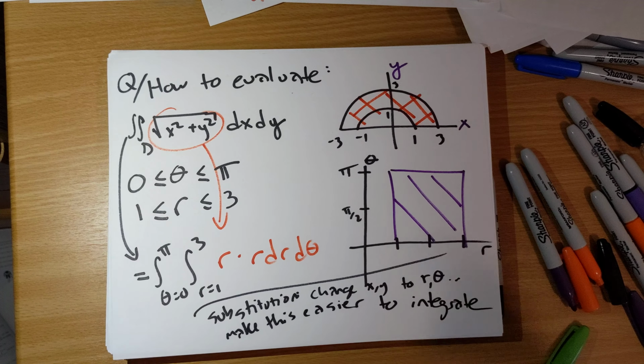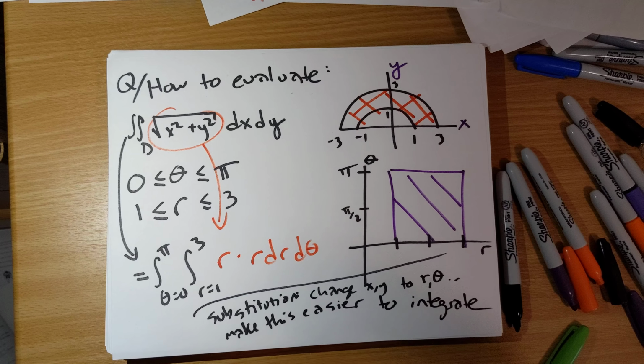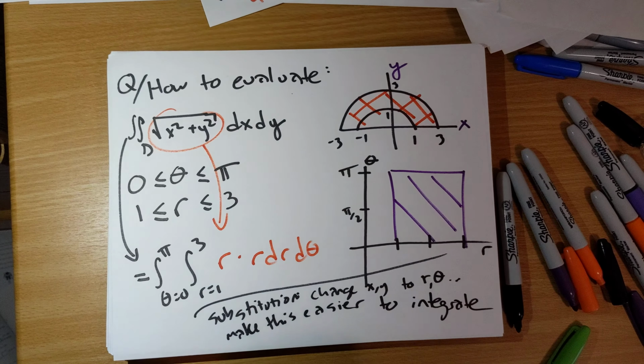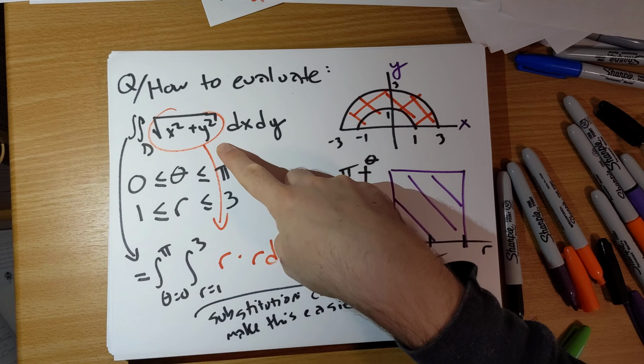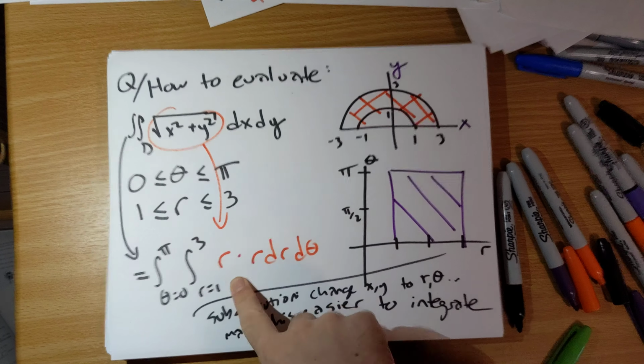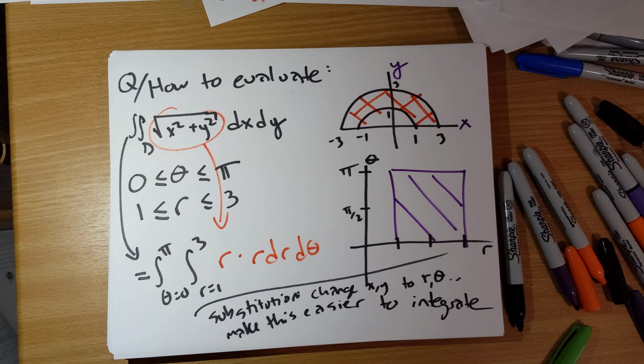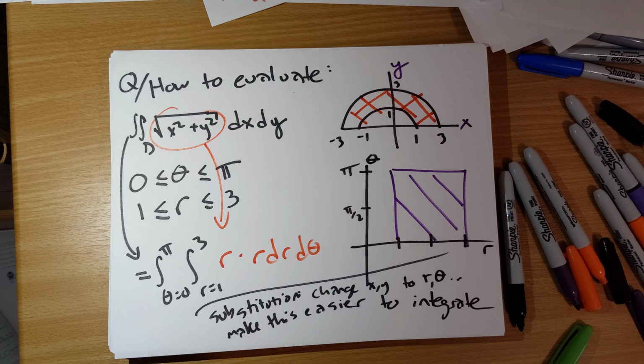I guess there's two reasons that we're making it easier to integrate. One is that the integrand is a lot easier. Square root of x squared plus y squared, that's nasty. R times r, okay, r squared. It's hard to come up with a significantly easier integrand than this right here.